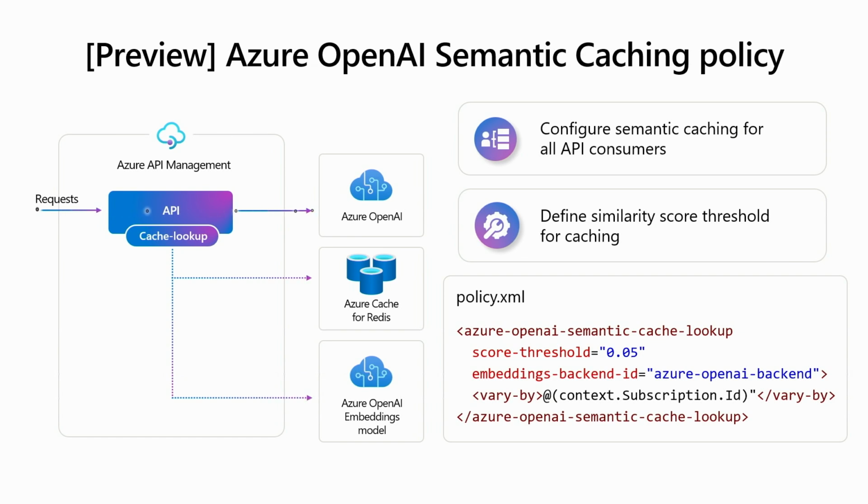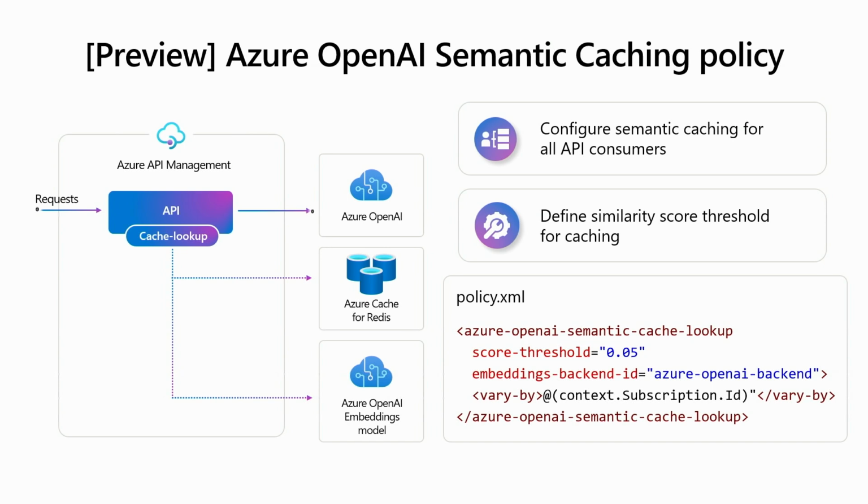We're also announcing a preview of semantic caching. Normal caching with APIs is done by using exact keys for caches. In language models, it's a little bit different because you have inputs coming in that are prompts, and you may have prompts that are not exactly the same. They're semantically similar.